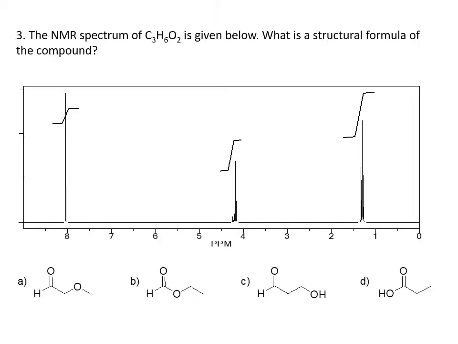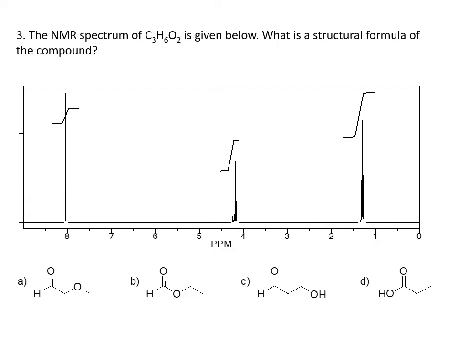Next question, the NMR spectrum of C3H6O2 is given below. What is the structural formula of the compound? We can see here 3 signals in proton NMR. This is obviously proton NMR. And we can see that the signal at 8 is a singlet. At 8, typically it's an aldehyde proton that appears.